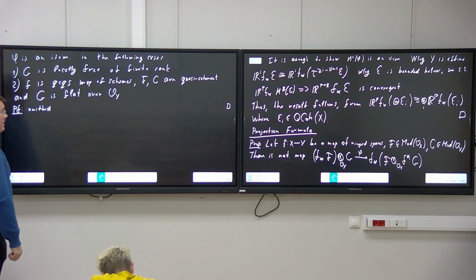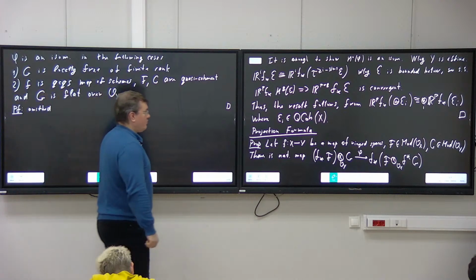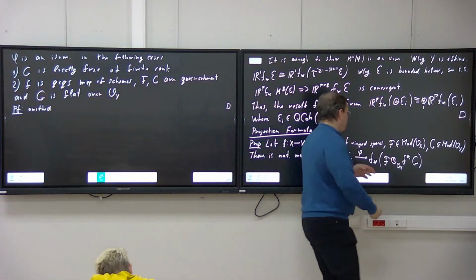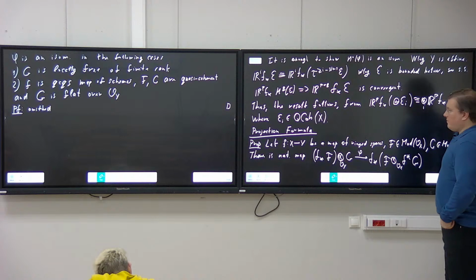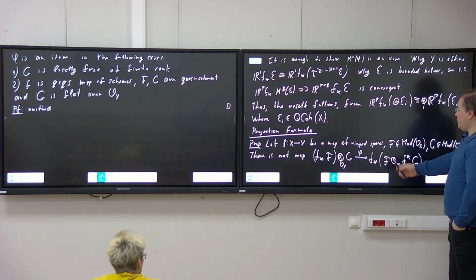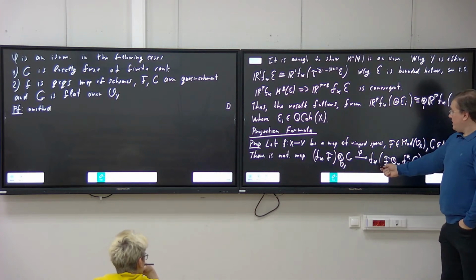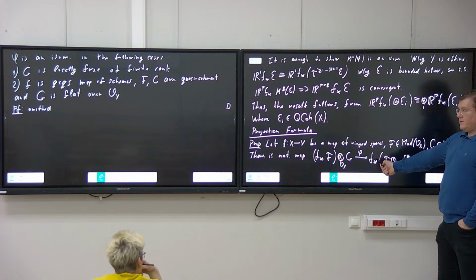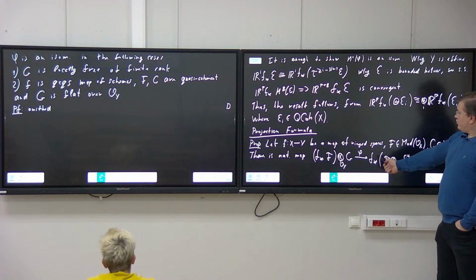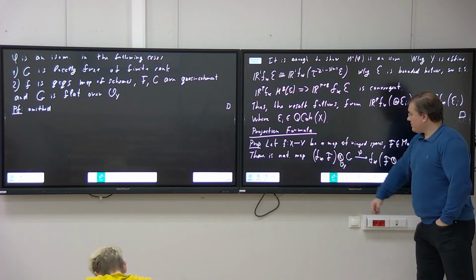Maybe the last remark, how to get this map. I don't do the full proof, but do we understand why we have this natural map phi between these two objects? It follows from adjunction. If you want to get a map like this, you can take f lower star, whose left adjoint is f upper star.